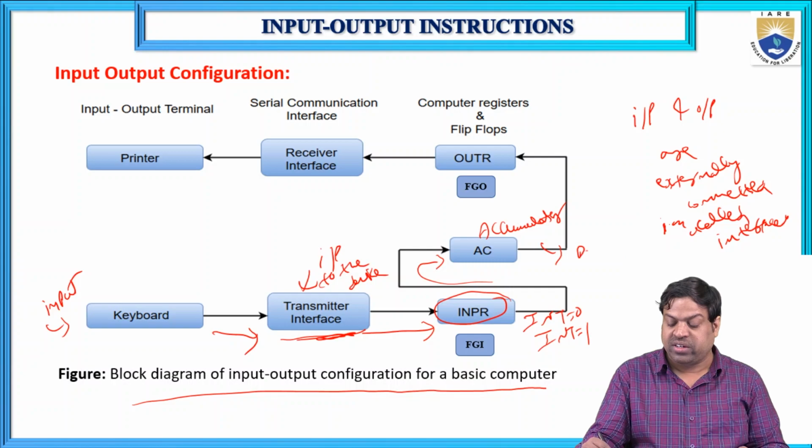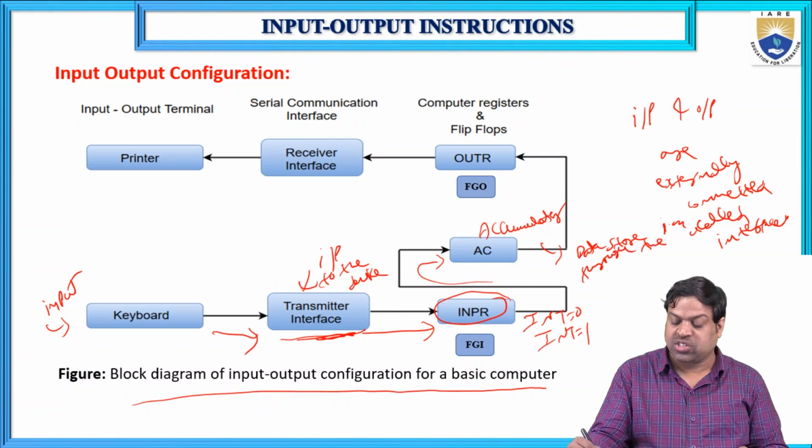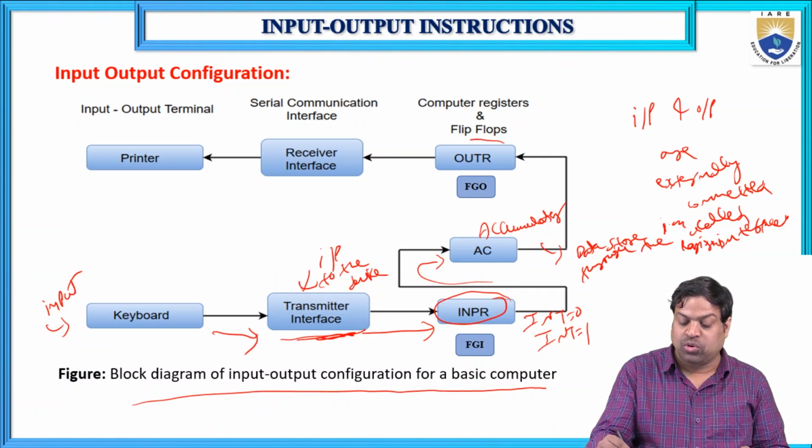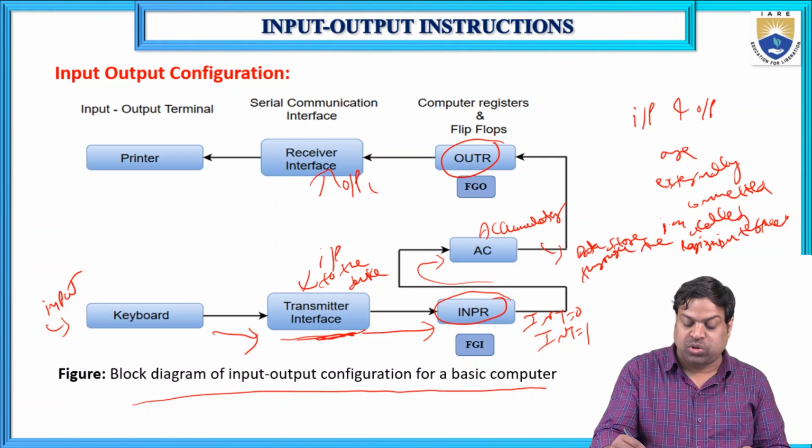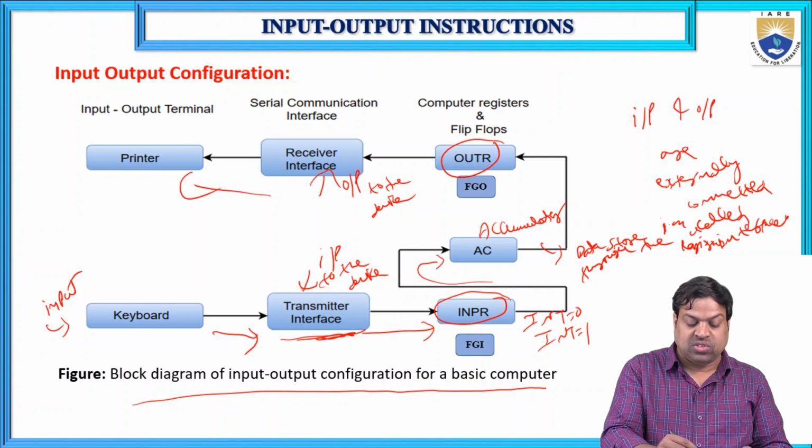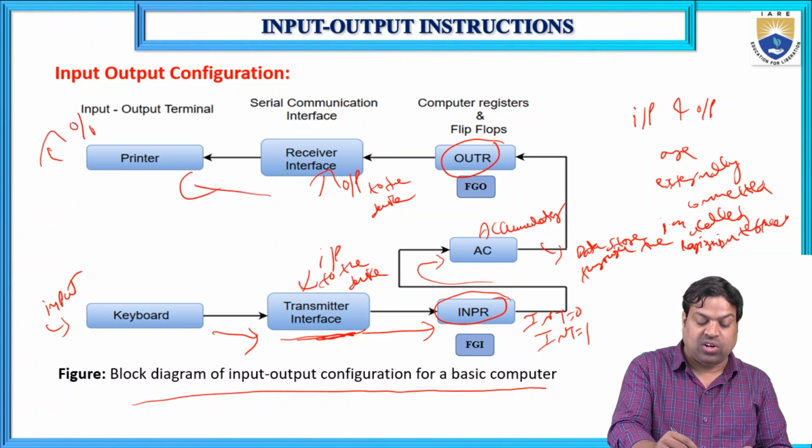The accumulator is nothing but a data store through the registers. Then it goes to the output register, OUT. Then it goes to the receiver interface, which is the output to the device, the printer. The printer is the output. Yes, it is the output.